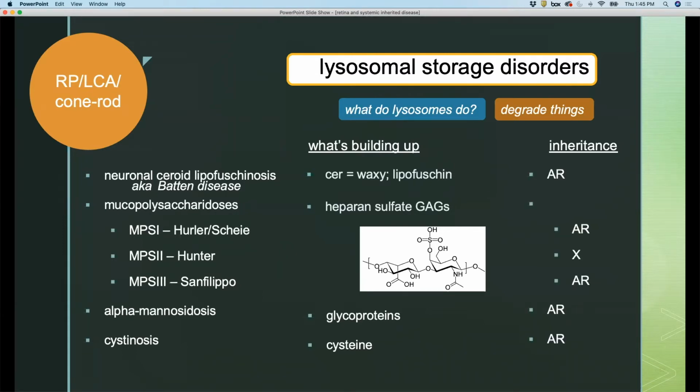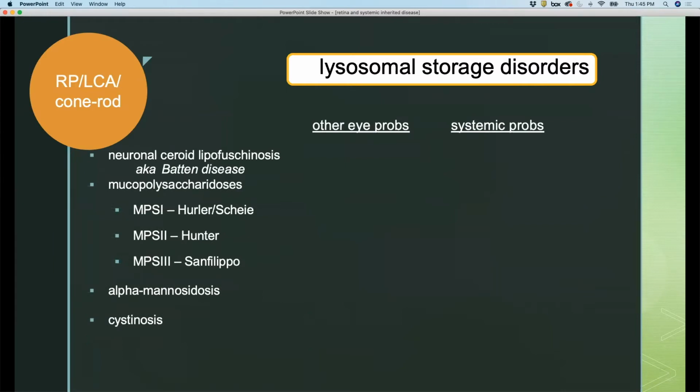In some of these diseases, there are other problems in the eye. The mucopolysaccharidoses and alpha-mannosidosis you can think of together, because they have sugar breakdown problems. What other eye problems do they have?